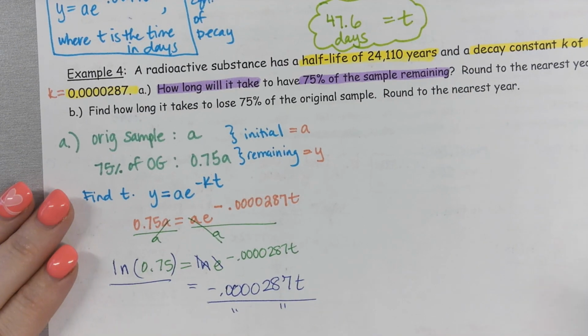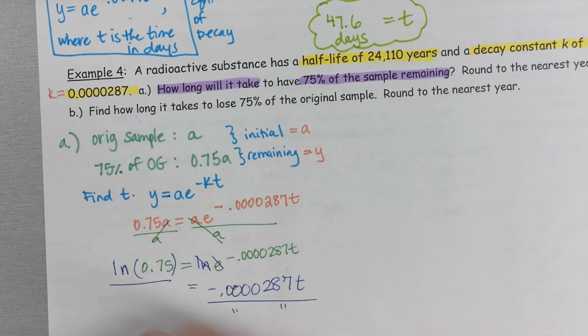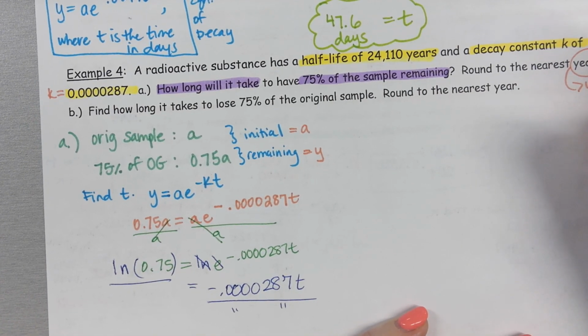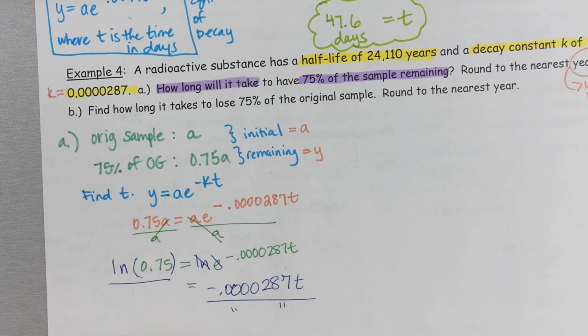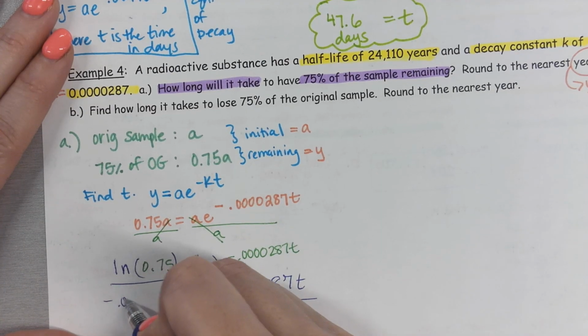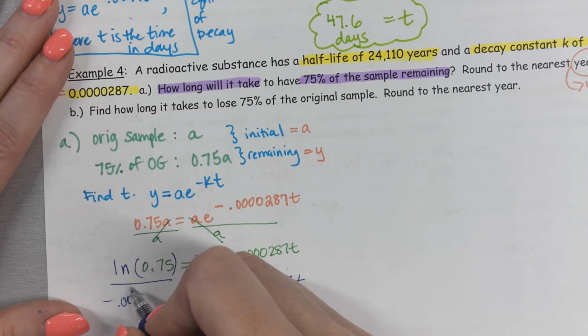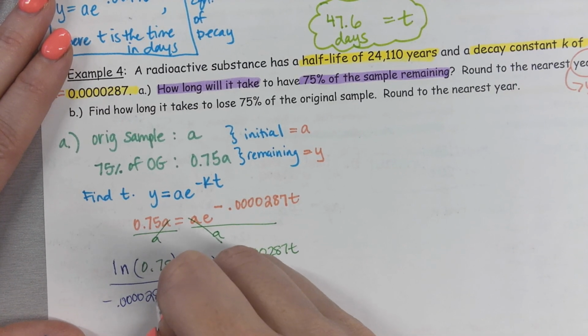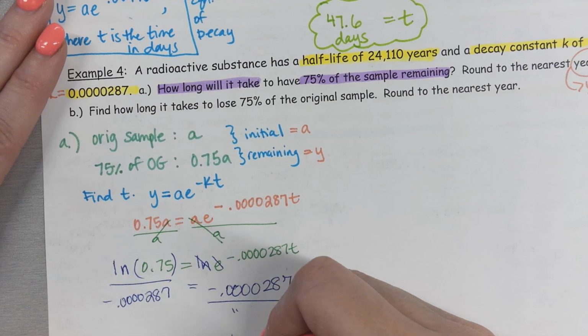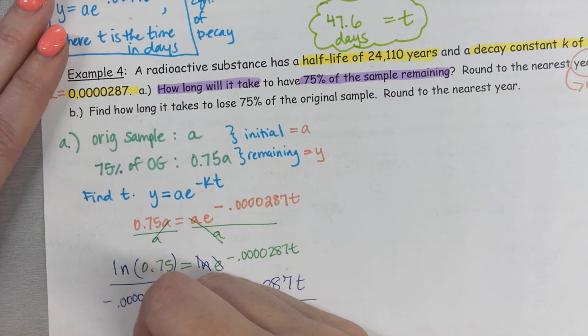It does tell us to round to the nearest year, which means you're going to round to the nearest whole number. And then Kayla, will you tell me what you get when you calculate this? I get 10,024 years. Good.